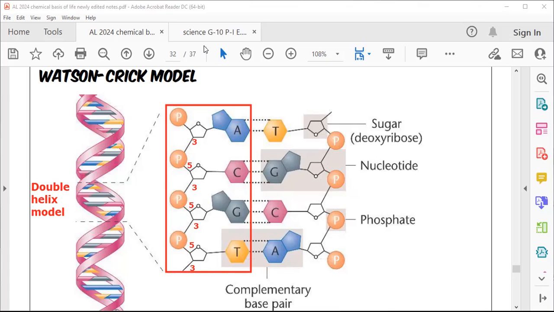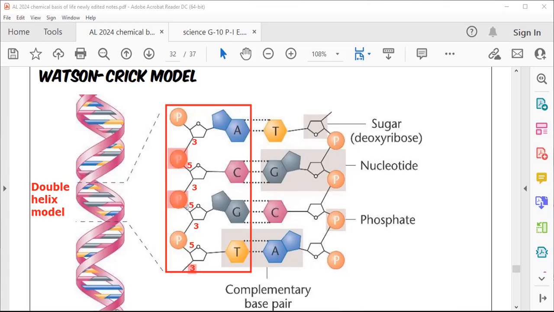This 3 carbon doesn't get involved in making a phosphodiester bond. Understood? Here there is a phosphodiester bond.